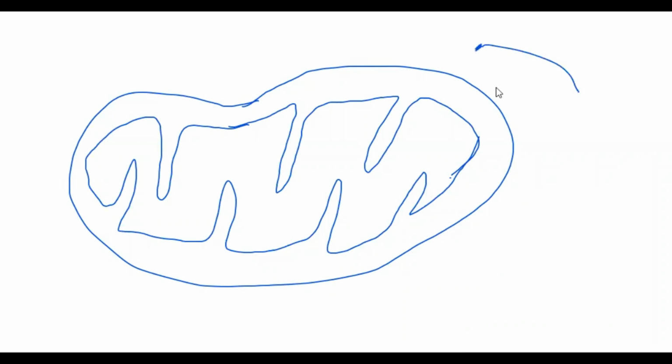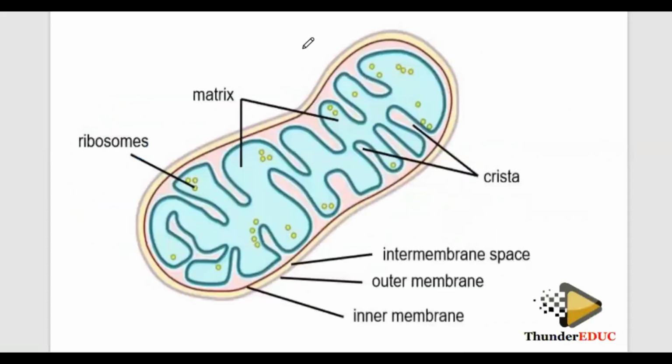To run from here up to here is less than running from here up to here. When you stretch it, it's going to be longer than that. Hence, when it is infolded, you have a different distance. So it increases surface area.